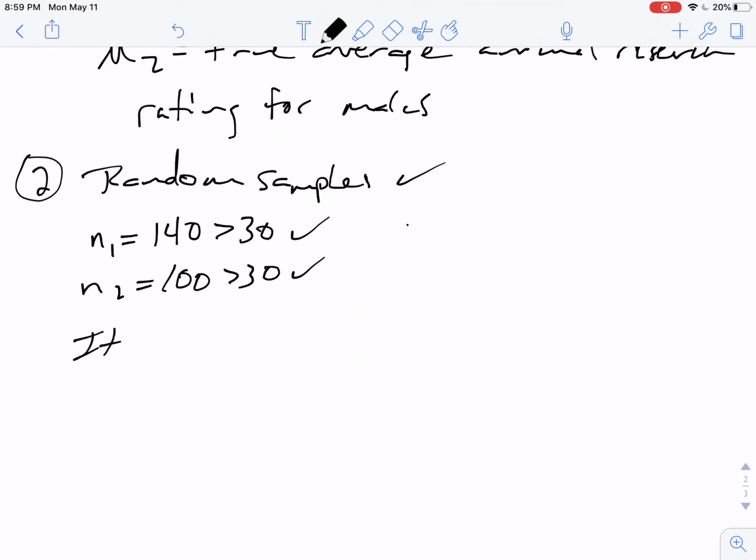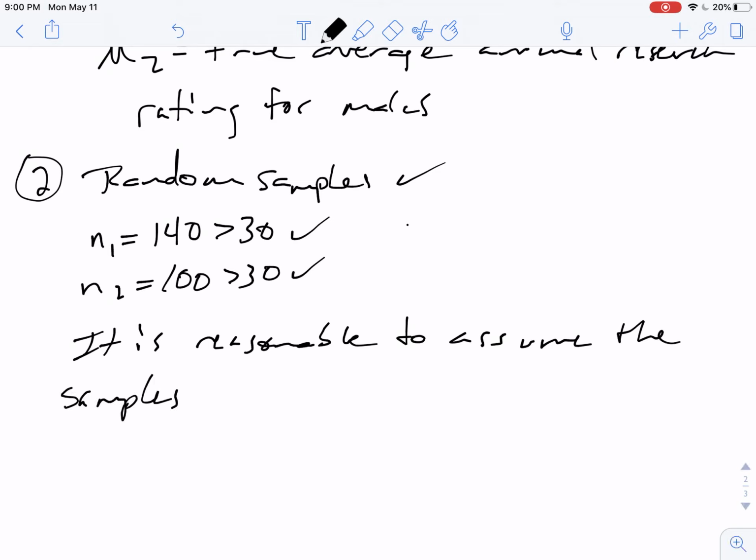So I'll say it is reasonable to assume the samples are less than 10% of their populations.